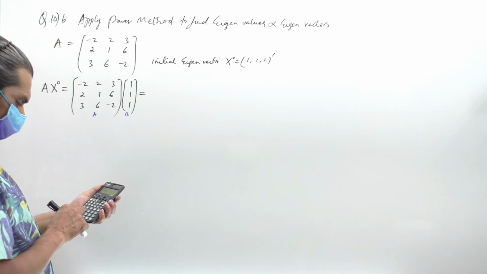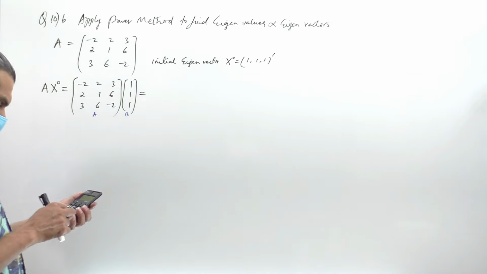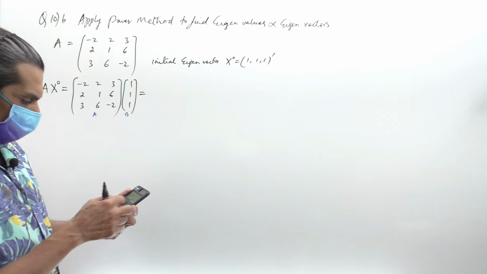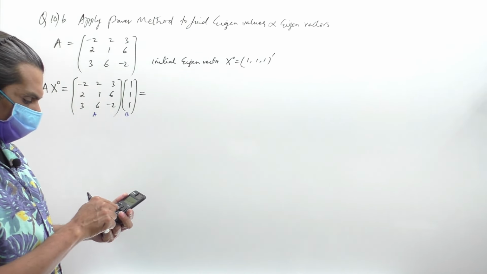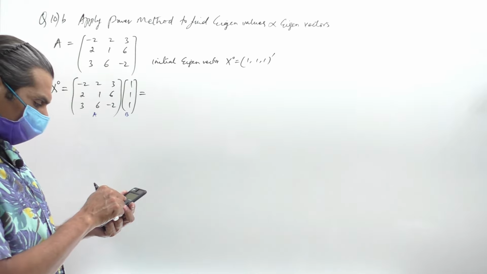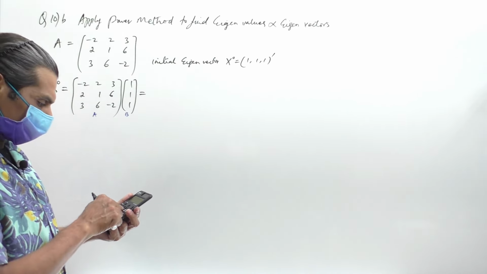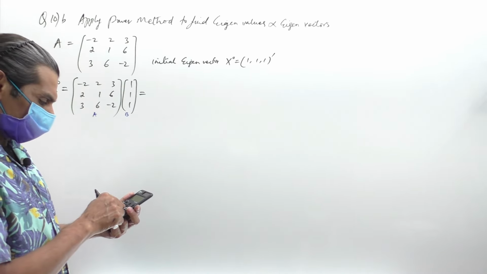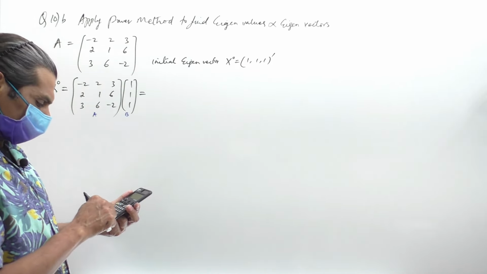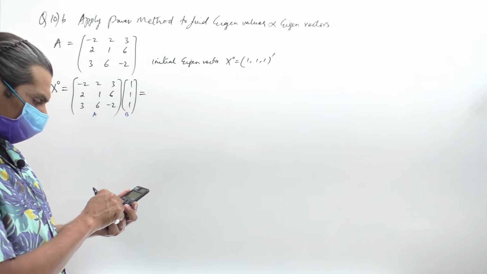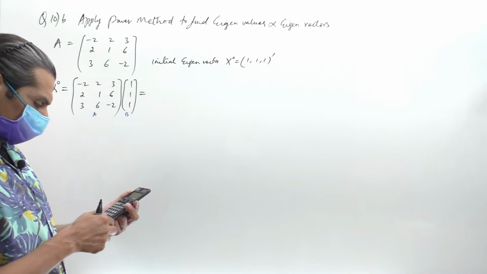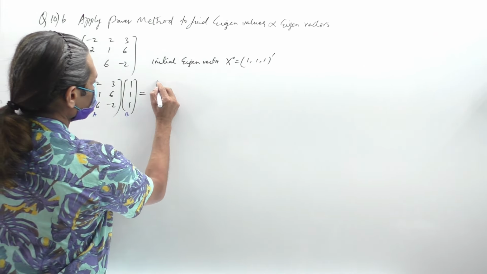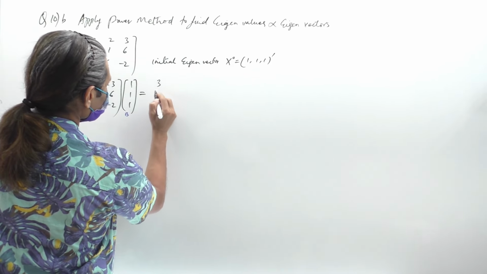So 1 execute, 1 execute, 1 execute. Now to multiply we go to catalog, matrix, matrix A, into catalog, matrix, then matrix B. Execute. So we get the values as 3, 9 and 7.